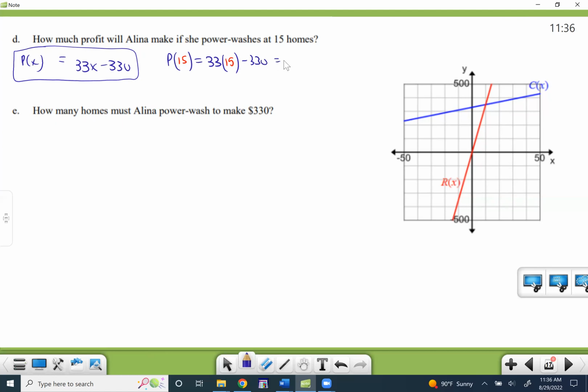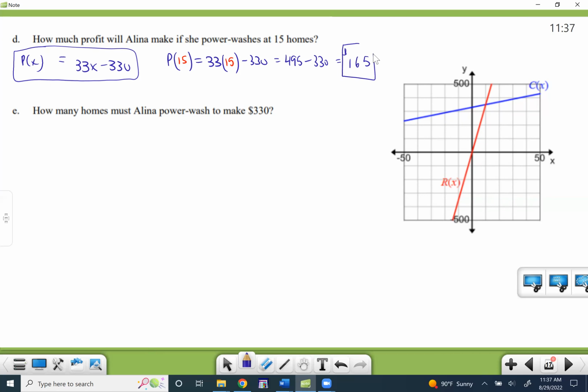Okay, so if we do 15 times 33, she will make 165.